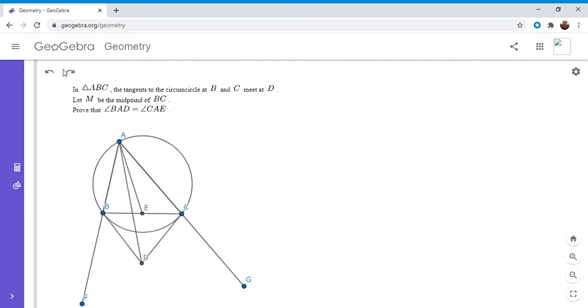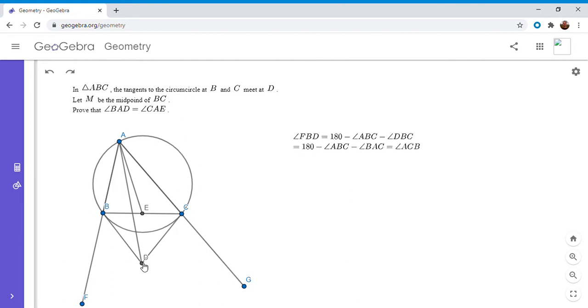So I'm going to write this out. Okay, so we have angle FBD, it's 180 minus ABC minus DBC, but DBC is equal to angle BAC. That's because DB is tangent to the circle, and so 180 minus ABC minus BAC, that's angle ACB.